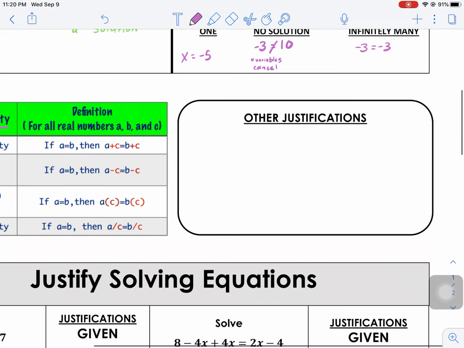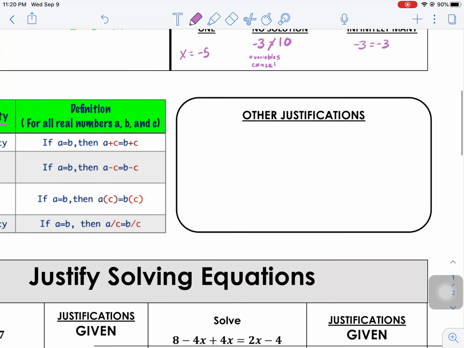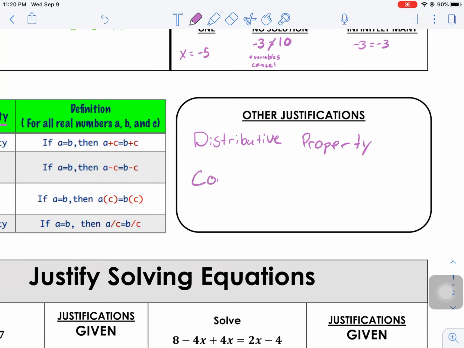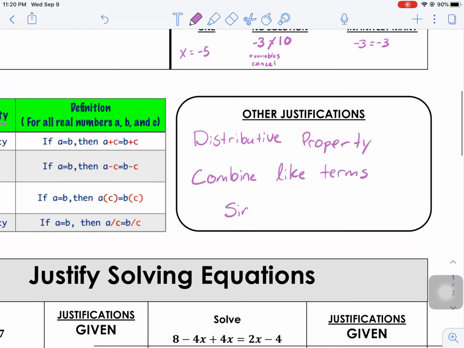There are other justifications that we could use, right? We have something called the distributive property, and that's where we distribute numbers, okay? We have combining like terms, and then we also have simplifying.